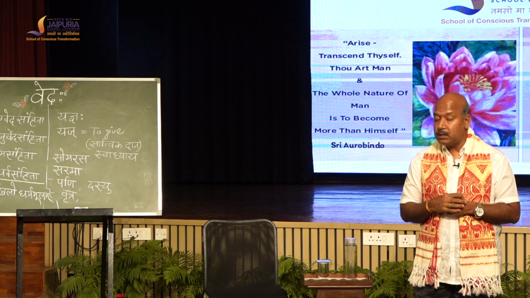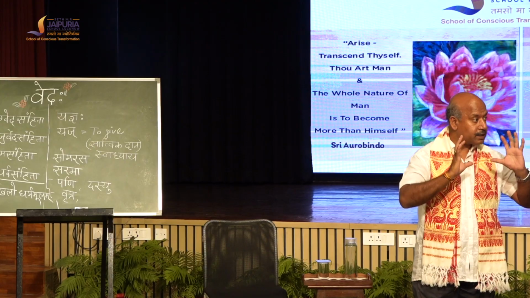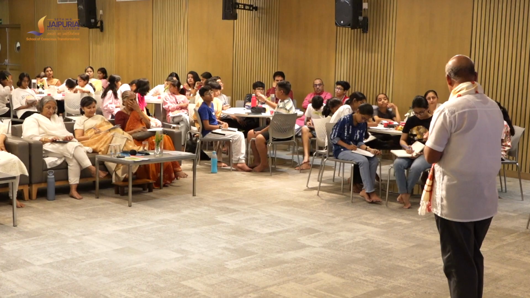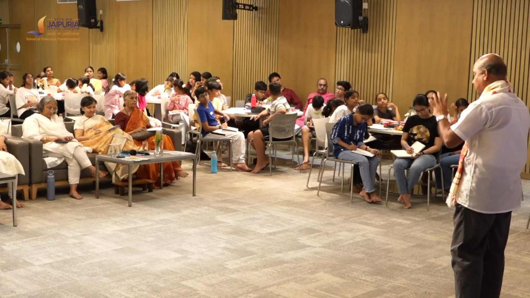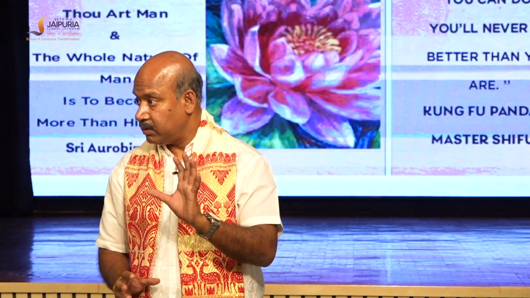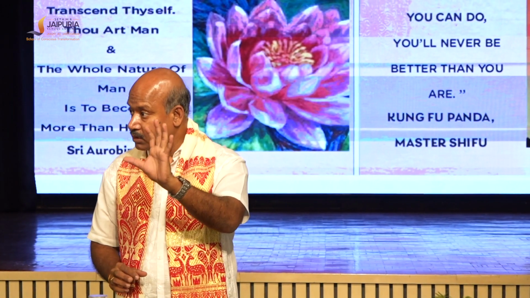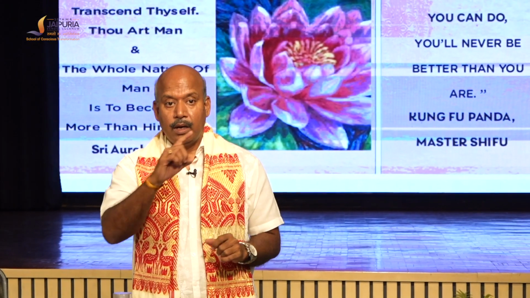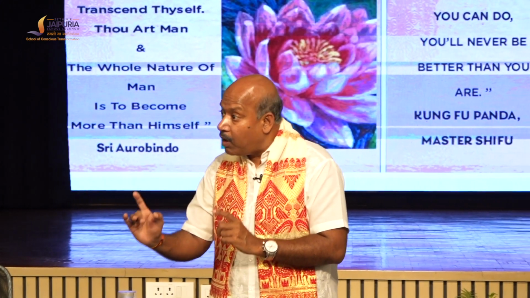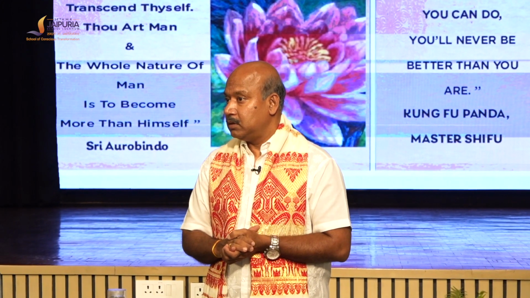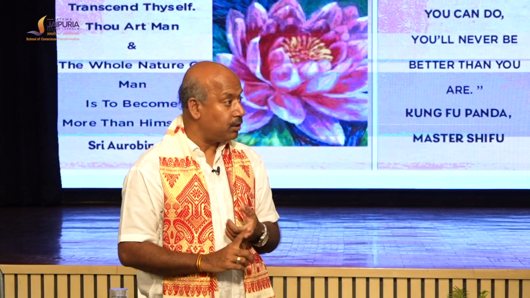And where do they hide? They hide them in the darkest cave, right? Now Sarama could locate that cave, could locate who these robbers are, Pani, Vritra, Dasyu, and then comes back and informs Indra about the location and about the robbers.